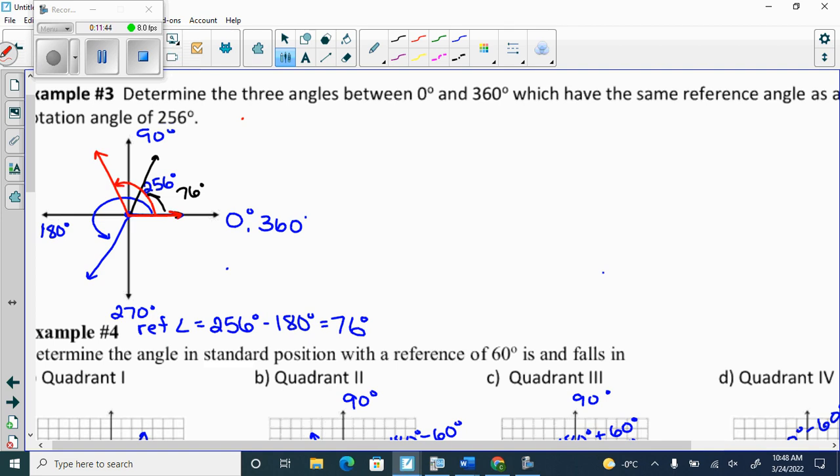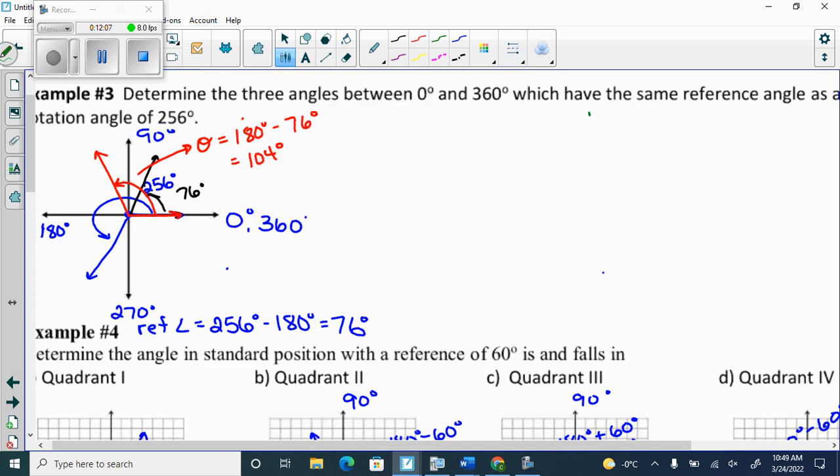How would I find out the one in quadrant 2? 180 minus 76. So I get 104.